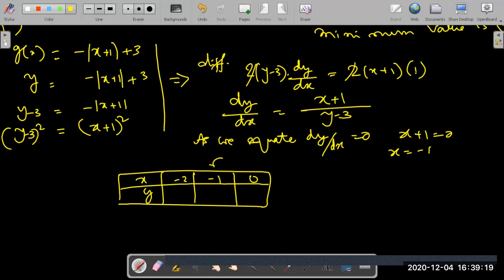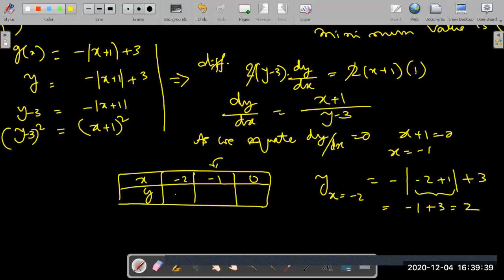So this is our interest. The y value at x equal to minus 2 is minus of minus 2 plus 1 plus 3. This fellow becomes plus 1, that's why minus 1 plus 3. So you've got 2.